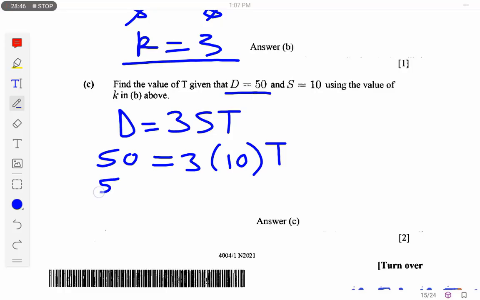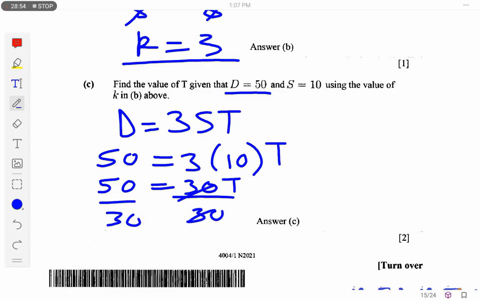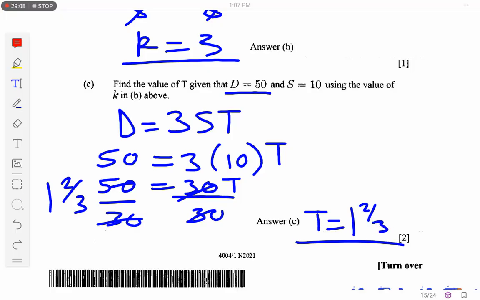So this is going to be 50 is equals to 30T. To get our T, we divide by 30. 30 cancels off each other. So here we are getting our answer 50 over 30, that's 1 and 2 over 3. So our T is equal to 1 and 2 over a 3, like that. Okay, let's move on.